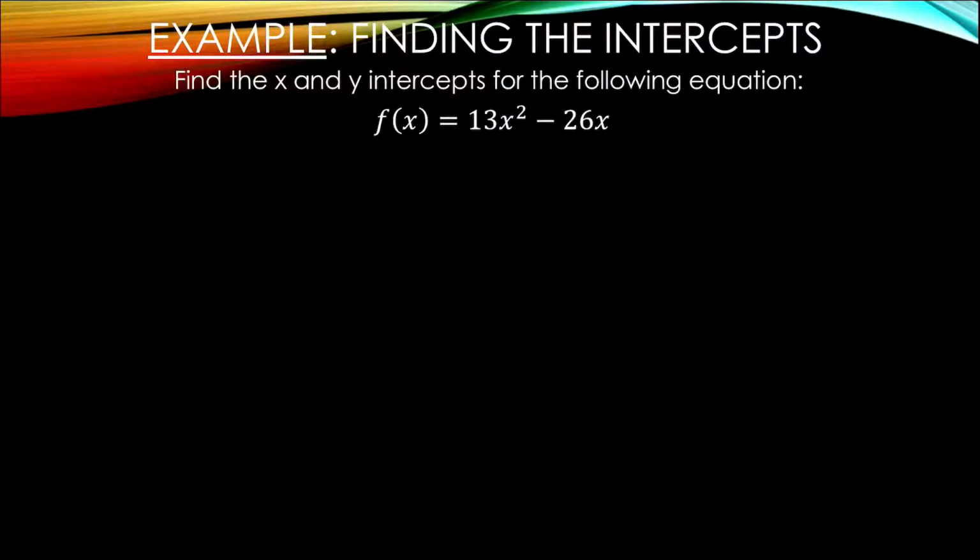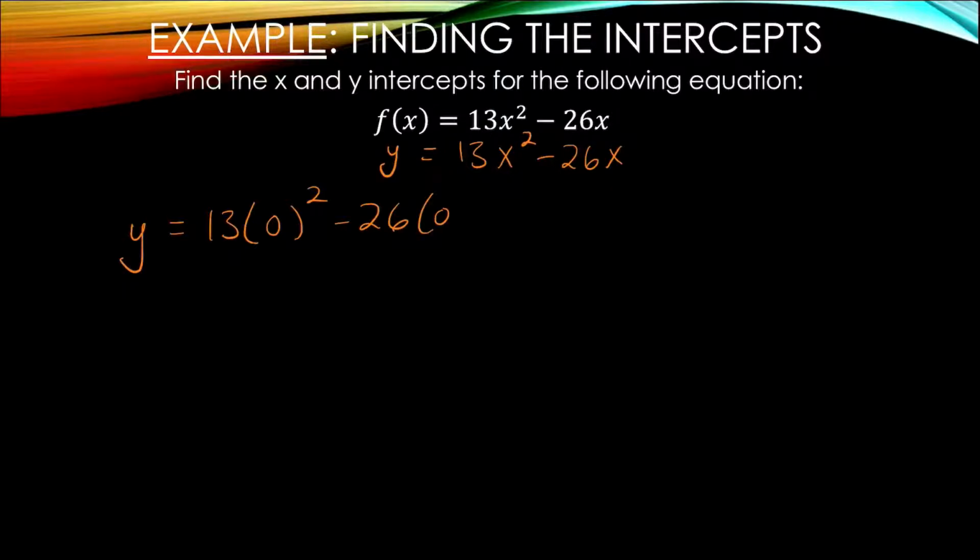Alright, so find the x and y intercept. Remember, f of x is just a fancy way to say y. If I want to find the y-intercept of this equation, I'm going to substitute 0 anywhere that I see x. So I have y equals 13 times 0 squared minus 26 times 0. 0 squared is 0. 0 times 13 is also 0.